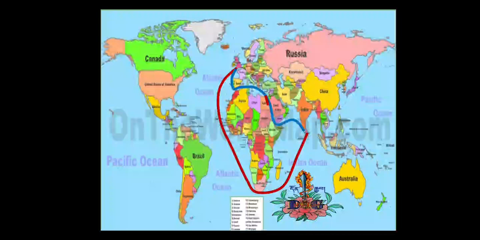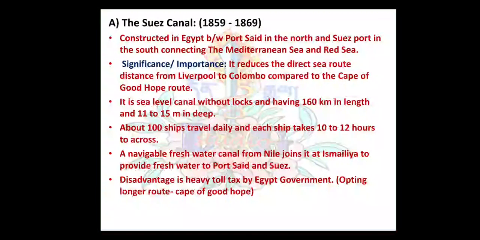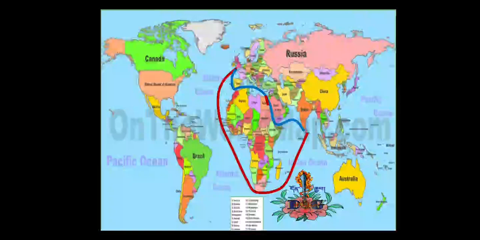Canals are man-made waterway channels. Before the construction of the Suez Canal, if we wanted to move goods from Liverpool in England to Colombo in Sri Lanka, we had to go around. That red line indicates the route before the construction of the Suez Canal.